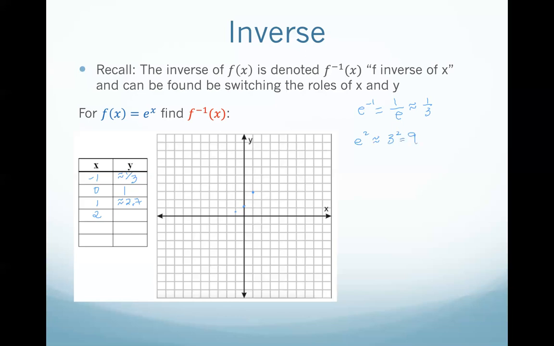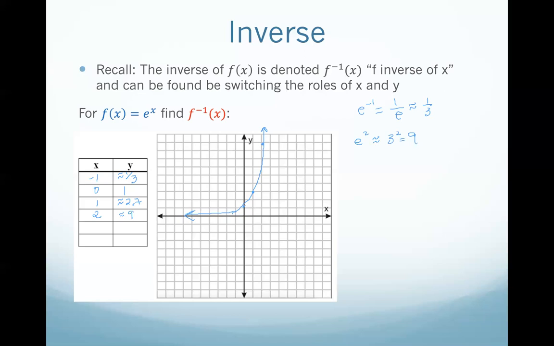So e squared is just less than 9. Again, you can find the exact value in your calculator. For the purpose of sketching this graph, I don't have to be perfect. And then we know that it is asymptotic to the x-axis.